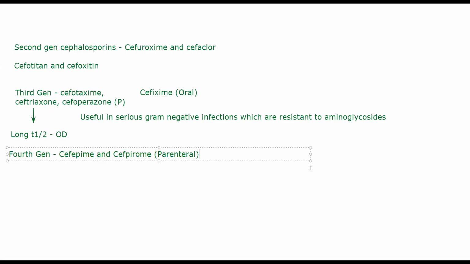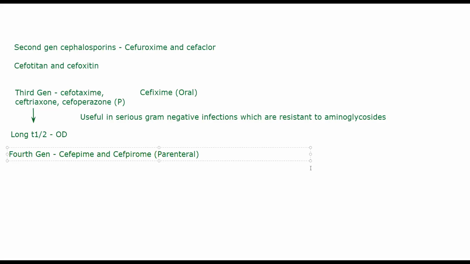These drugs can be used against a variety of gram-positive and gram-negative bacteria, especially streptococci, staphylococci, meningococci. They are very good. Cefepime specifically attains very good CSF levels, so you can give it in case of meningitis. Whereas cefpirome achieves very good tissue penetrability, so you can give it in systemic infections as such. They are also helpful in case of Haemophilus influenzae or Pseudomonas aeruginosa infection, and they are more resistant to beta lactamases than the previous classes.